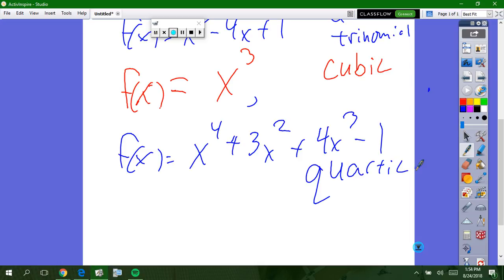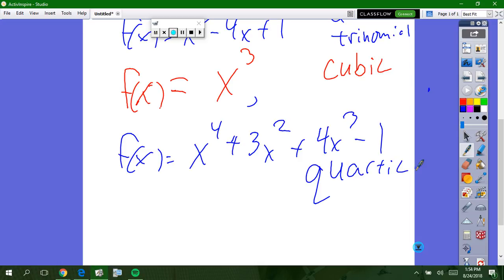Is this in standard form? You guys remember what standard form means? No? What do you have for me? Highest term.